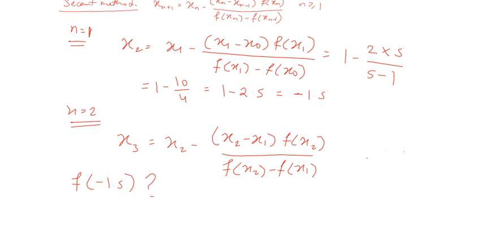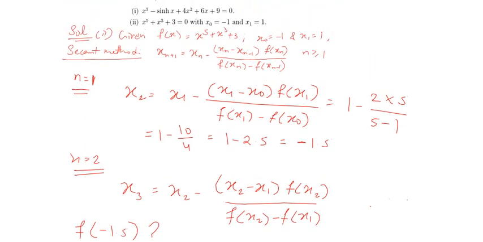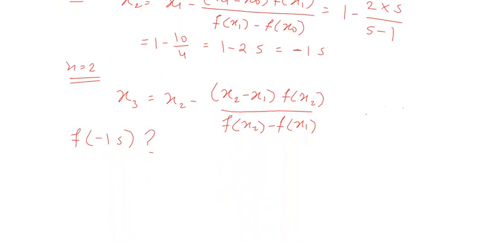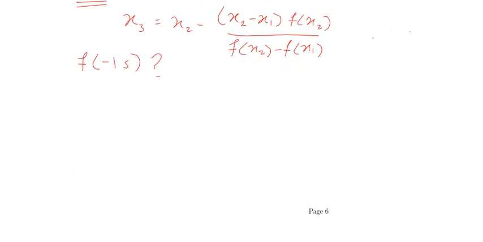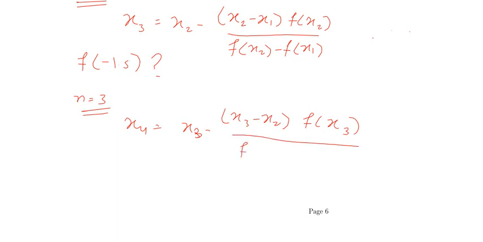Similarly, the third iteration is n equals 3, which gives you x4. So x4 is x3 minus x3 minus x2 times f of x3 divided by f of x3 minus f of x2.